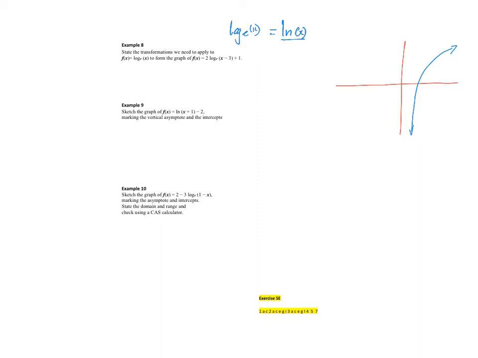What's happening to my standard graph? Well, let's have a look. We're going to go 3 units to the right, 1 unit up, and we increase. So we're going to dilate by a factor of 2. Y values get bigger from the x-axis. So let's put the things into place that we have to. We're going to shift 3 units to the right.